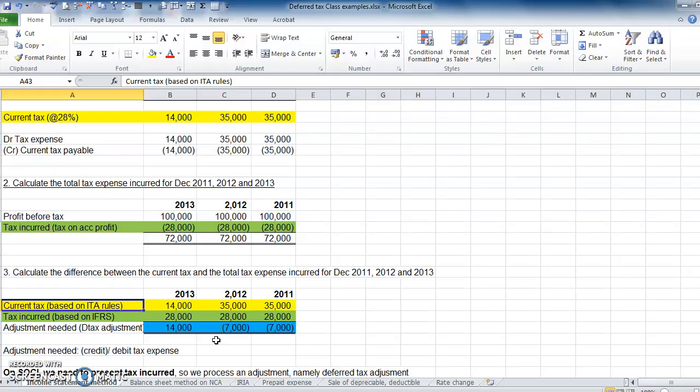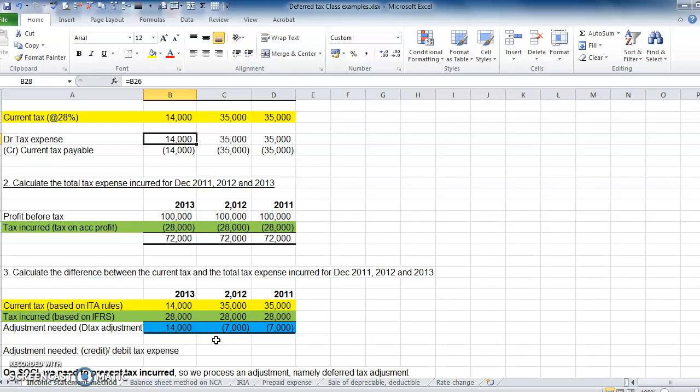So, remember, the current tax that we calculated is based on the income tax rules. So, as highlighted over here in yellow, 14,000, 35, and 35. And then our total tax expense, calculated based on IFRS, the accrual concept, is 28 through all the years, right? So for the deferred tax adjustment, you guys agree, we recognize the 35 for 2011 and 2012, and then the 14,000 for 2013 as a tax expense.